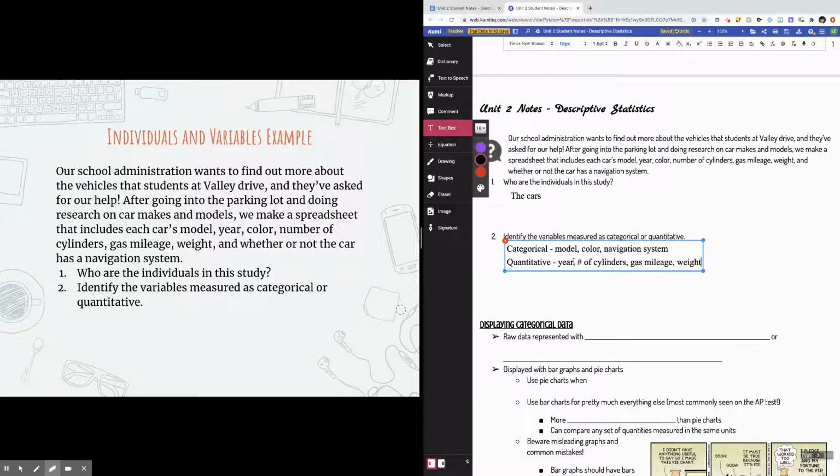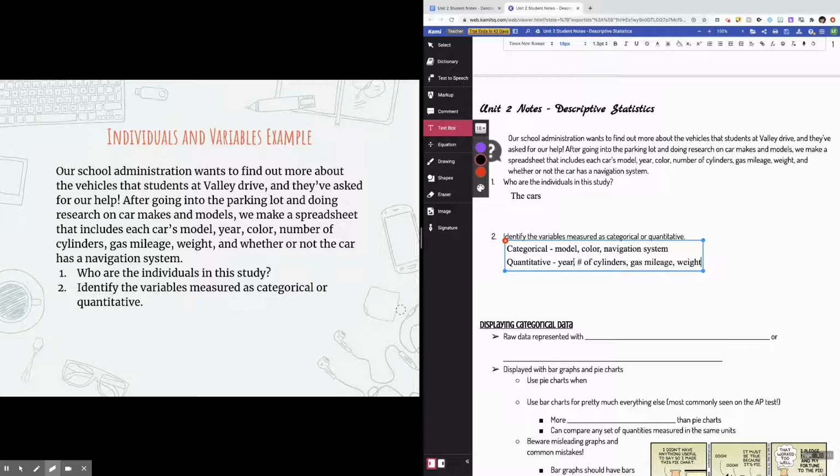Now, year is a little bit trickier, because depending on the way that you represent the data, it could be categorical since it doesn't exist on a continuum. But if you were going to do years as a categorical variable, you would have to group them.